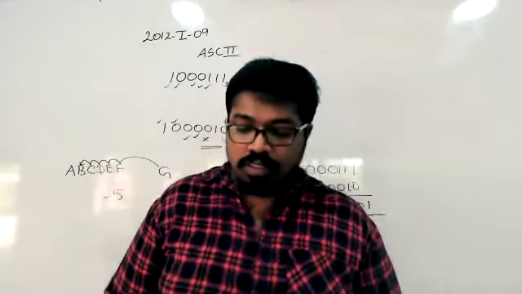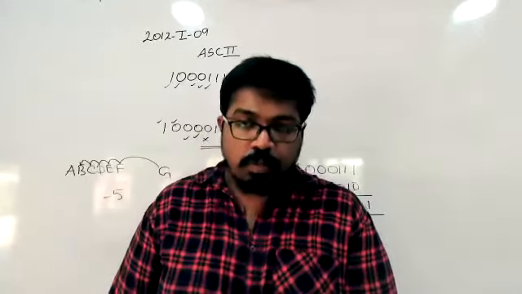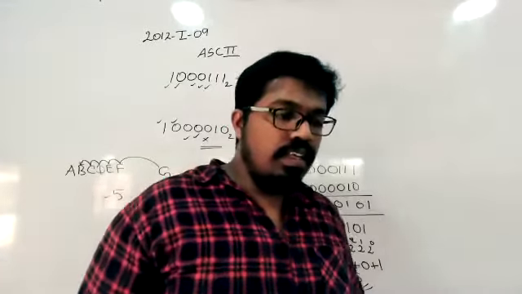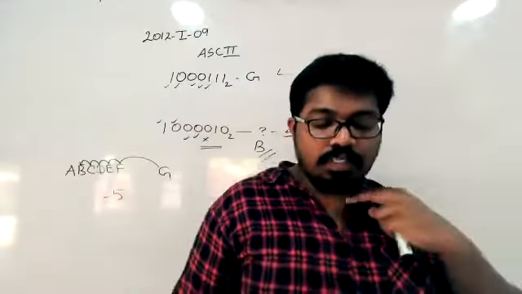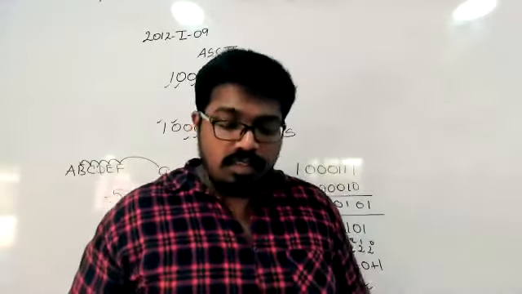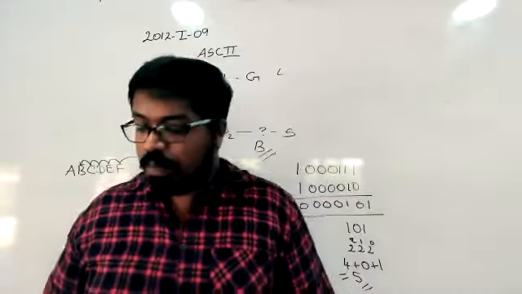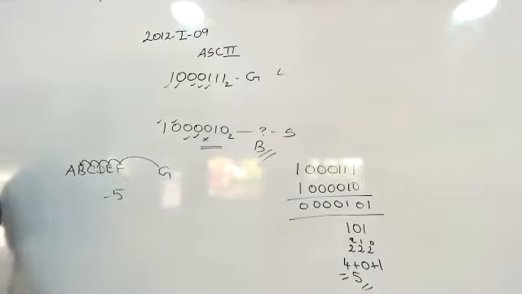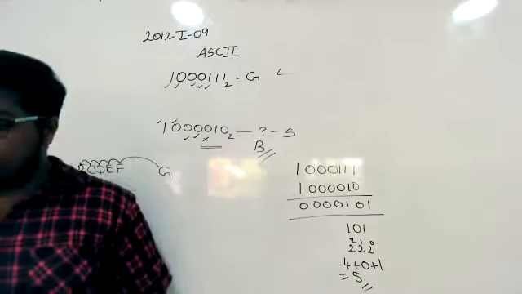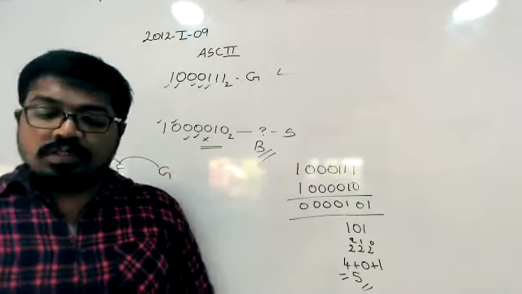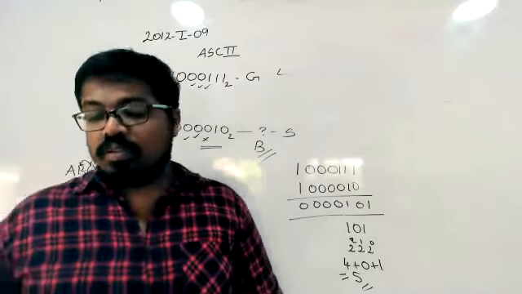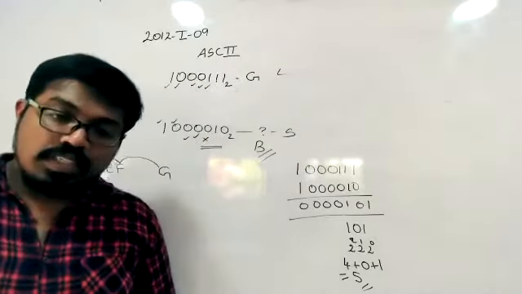Now we will move on to the 2012 part 2 questions. As I said earlier, the part 2 questions will be in your compulsory part. In question number 1 of part 2, there are 2 questions, Roman number 1 and Roman number 2.